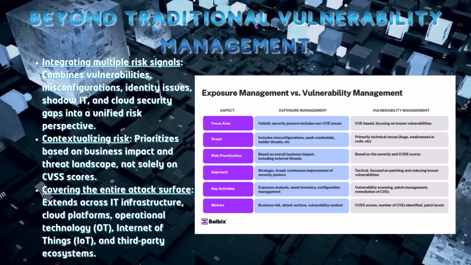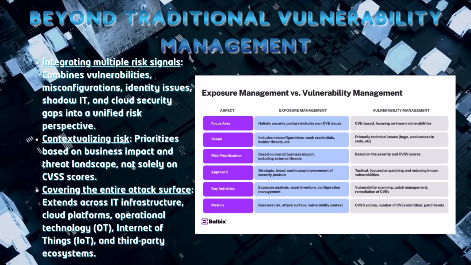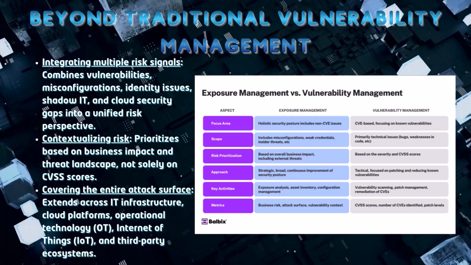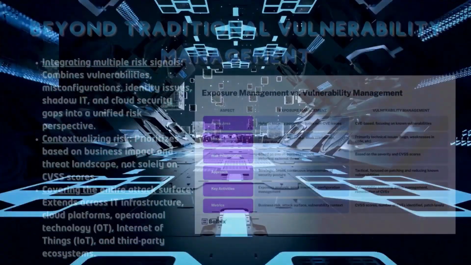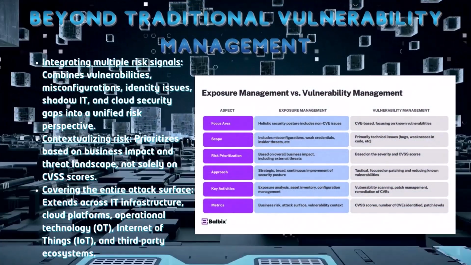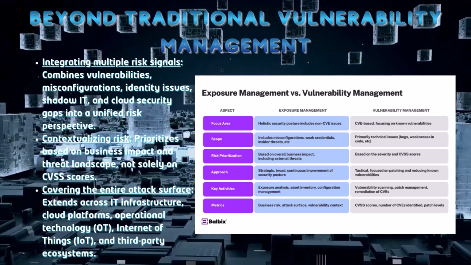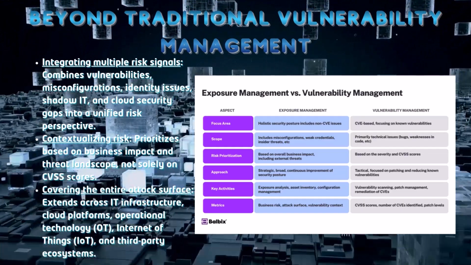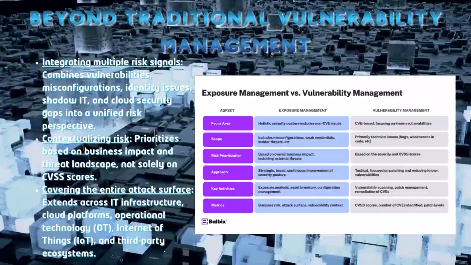Contextualizing risk by prioritizing based on business impact and threat landscape, not solely on CVSS scores. 3. Covering the entire attack surface by extending across IT infrastructure, cloud platforms, operational technology, Internet of Things, and third-party ecosystems. In essence, exposure management is a risk-driven continuous discipline that helps organizations understand their most exploitable weaknesses and systematically reduce their attack surface over time.